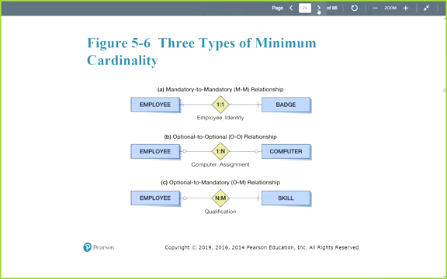So in example A, assume yourself in this business environment as one employee in the company. If you are an employee in the company, the question is, how many badges do you have, or does the company allow you to have?